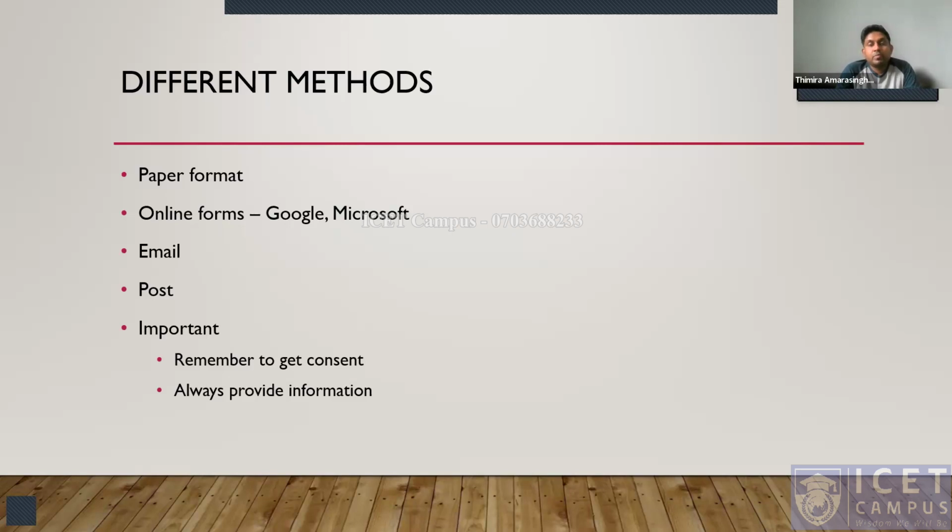In both forms there are advantages and disadvantages, so you have to carefully decide what is the most appropriate data collection approach in your research. The other thing is, if you are using Google Forms, you have to make sure that one participant is giving only one response.